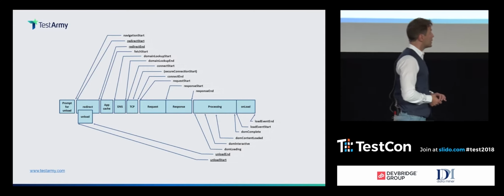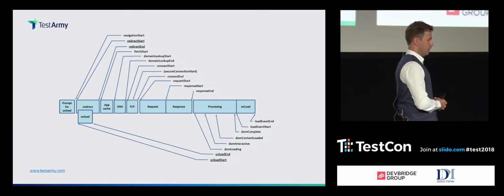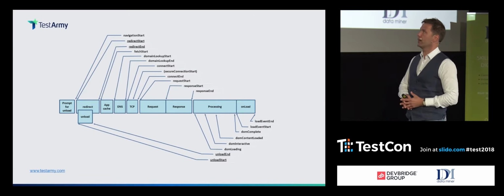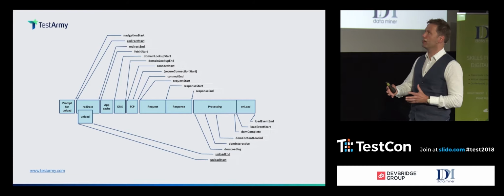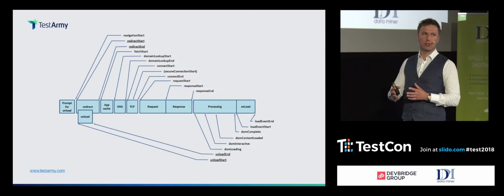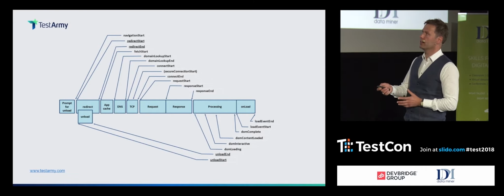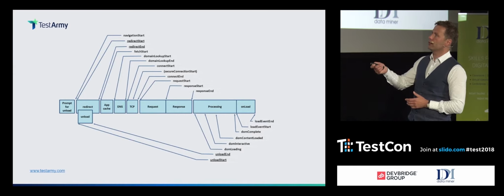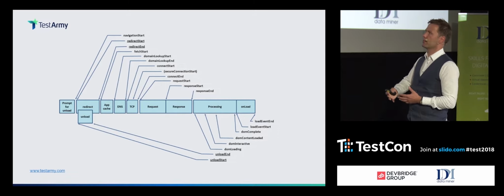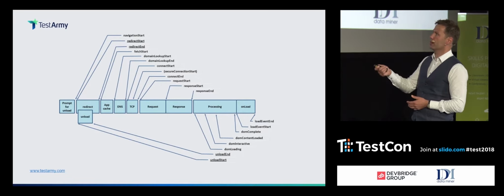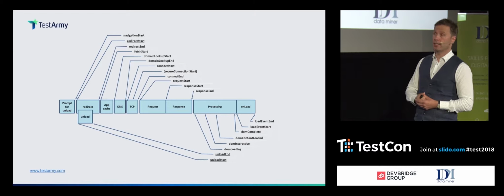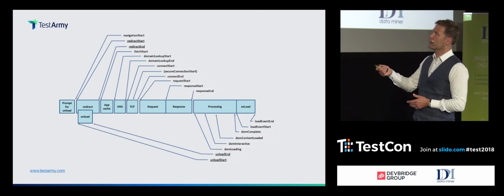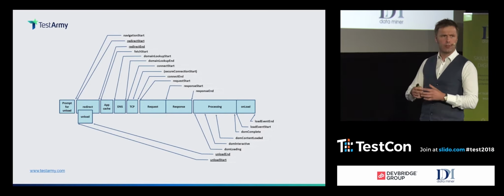Okay, thanks. So when the browser loads our page, it informs the environment about different parts of the job that it has completed. When we enter a new address, the browser is prompted to unload the old page, and then we start navigation. Then we do some stuff related to the network, which is searching for DNS, setting up a TCP connection, then sending a request, and then getting a response.